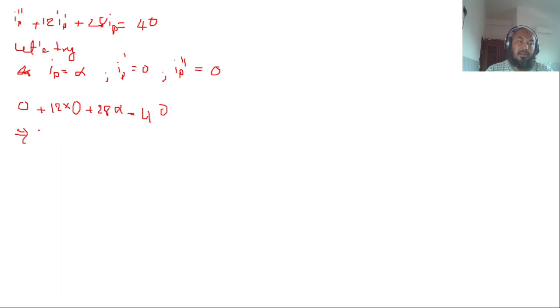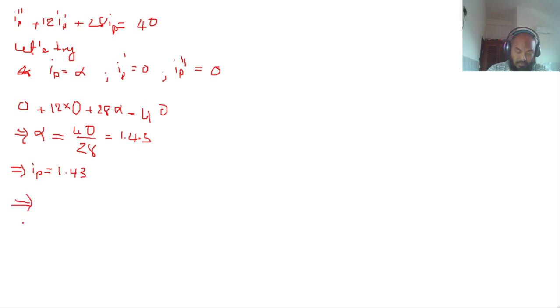So we will get alpha is equal to 40 divided by 28. So it will equal to 1.43. Okay, so IP equal to 1.43.